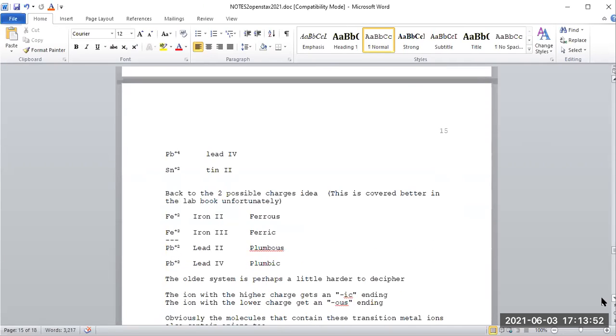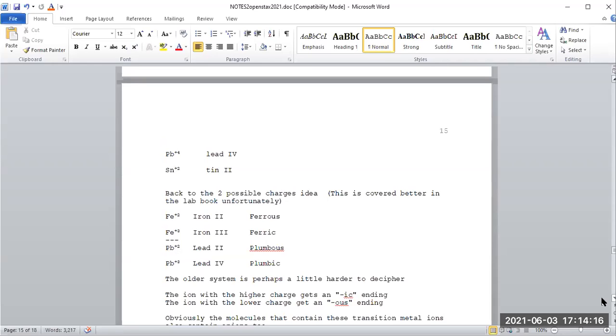There is another version. Lead has, in this case, the designation lead 4 because it has a +4 written next to it. Tin 2 because it's Sn+2. Okay, now we kind of circle back to but there's 2 versions of each of these.